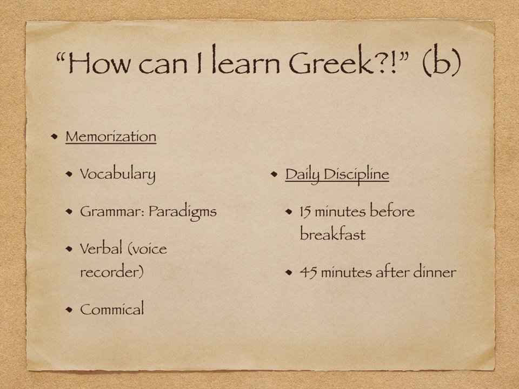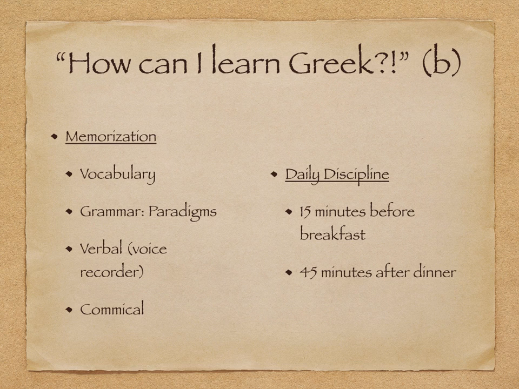I suggest daily discipline. Now this first week we're just introducing some basic concepts, but even toward the end of this week, in memorizing the alphabet and punctuation and syllabification, and especially as we start into nouns in chapters 5 and 6, you will need to practice daily.